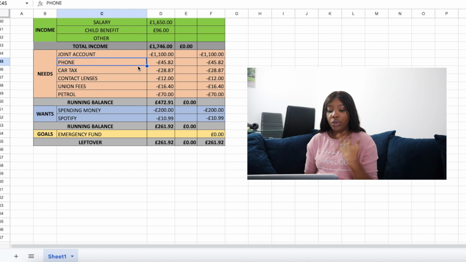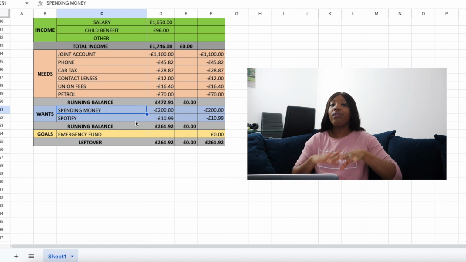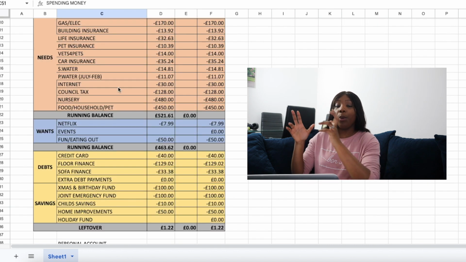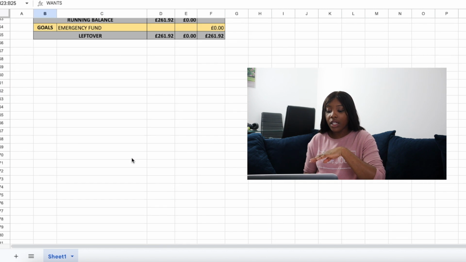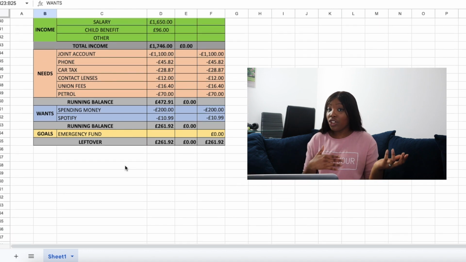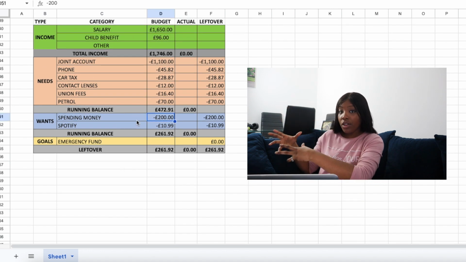Okay, so moving on to their wants, they've got $200 for their spending money, which I would assume then actually they're using more of their own spending money rather than putting money into their wants category in their joint account. So I think that definitely makes sense. Again, the question will be, do you typically just spend that on your joint account and then maybe you spend more money in your personal accounts?